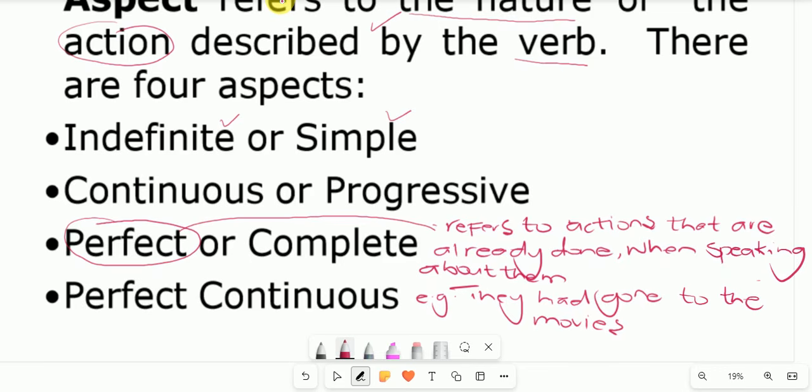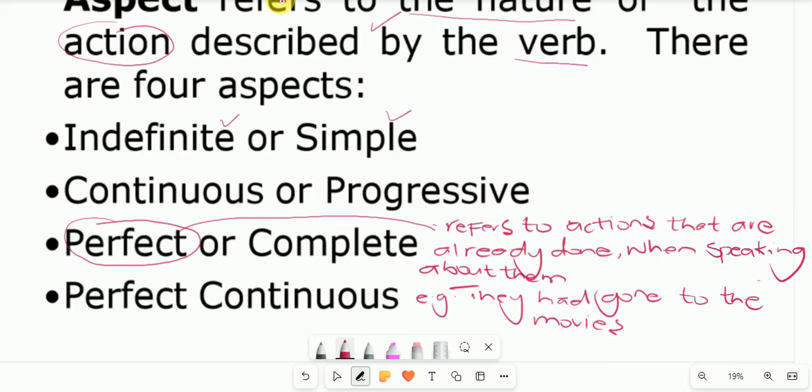The grammatical rule is that in order to form the present perfect tense, we use the word have or has followed by the past participle of the verb. For regular verbs, the past participle is a form of the verb that ends with ed. For example, the past participle of cook is cooked, so it will be they have cooked. Now let us look into this example.